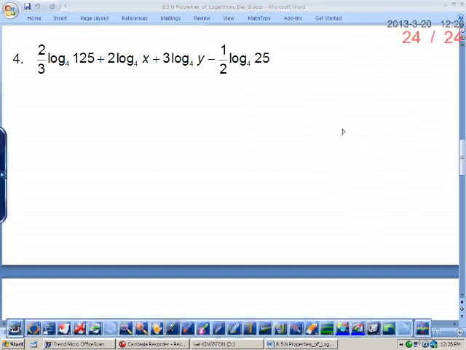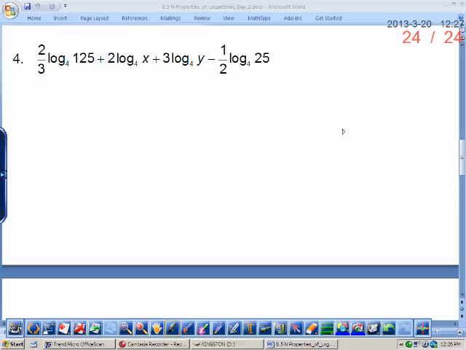All right. 2/3 log base 4 of 125 plus 2 times log base 4 of x plus 3 times log base 4 of y minus 1/2 log base 4 of 25. If the last one was like 3 log base 5, would that just be totally separate?